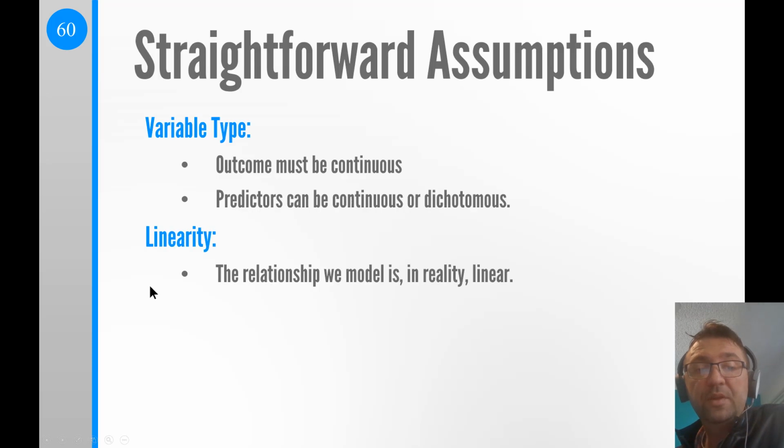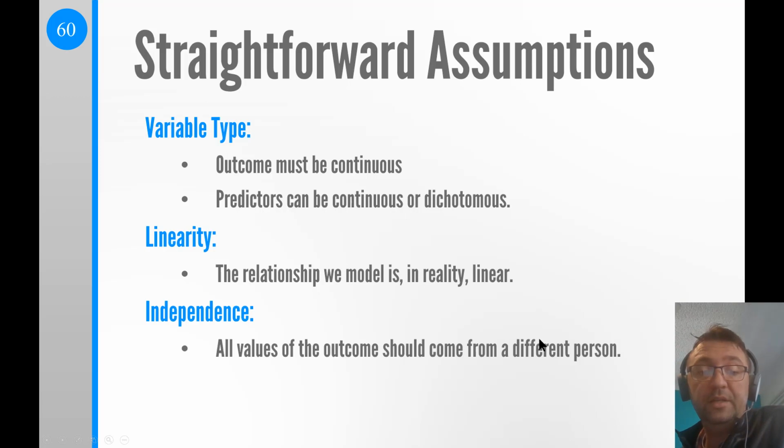Okay. So there are various assumptions here. Some of them are straightforward, like that the outcome must be continuous and the predictors are continuous, and the relationship is linear in reality, and there is independence, so values of the outcome come from different people.